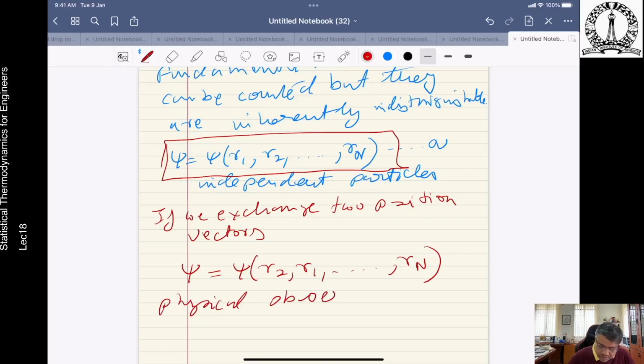Physical observations remain unchanged by any virtual math operation.